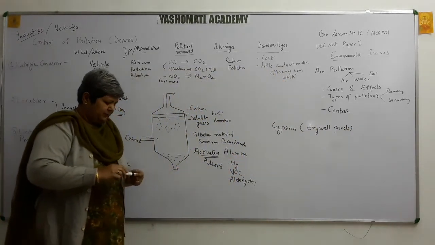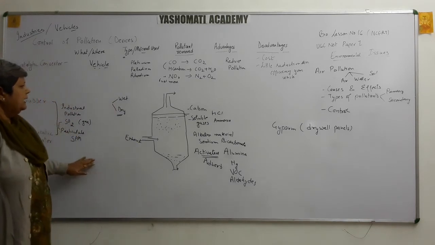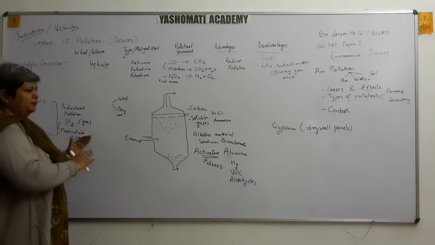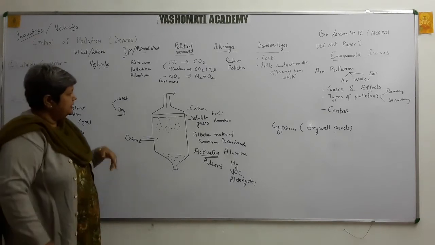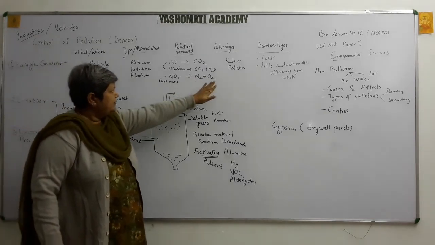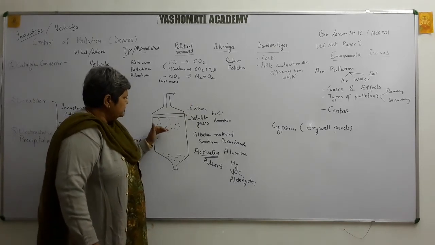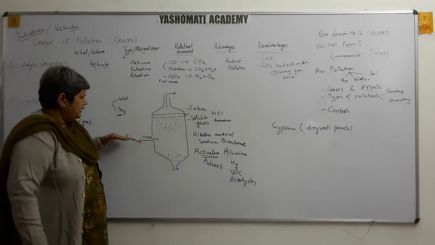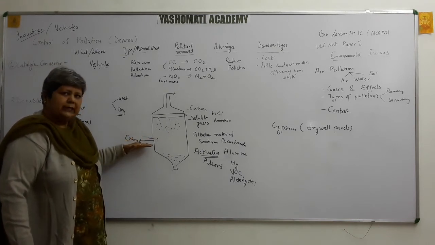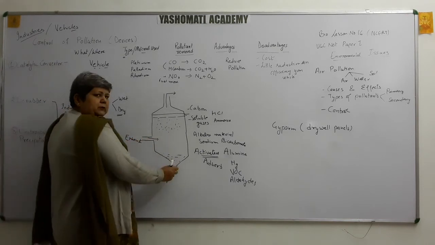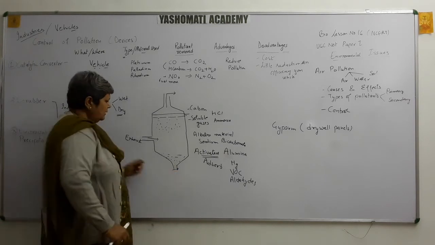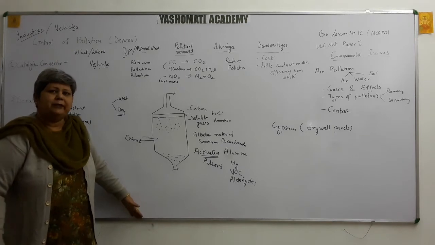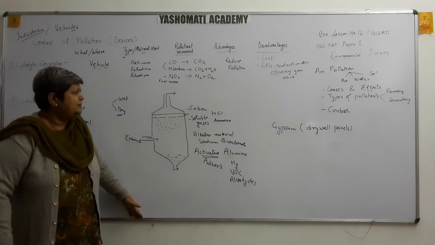So these are some of the qualities, the advantages we are getting in removing the pollution. Another advantage is there which I missed. As in this case you see that when the smoke is coming out and water is being sprayed, if the exhaust gas is heated, then what will happen? This water will also get heated. So that heated water can be used for boilers or for heating the building also, which is also an added advantage.